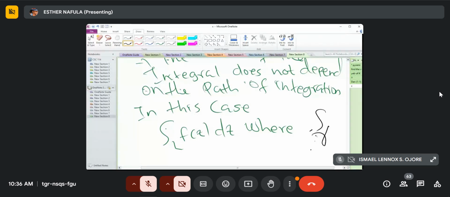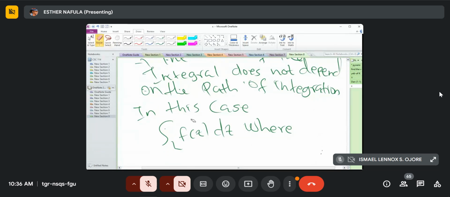That is small gamma or this capital gamma, and then they will specify what gamma is. They can tell you gamma is a square whose vertices are the following, or gamma is a rectangle, or gamma is a parabola or a straight line. So if you see gamma, don't say the lecturer did not teach. It's a dummy index.